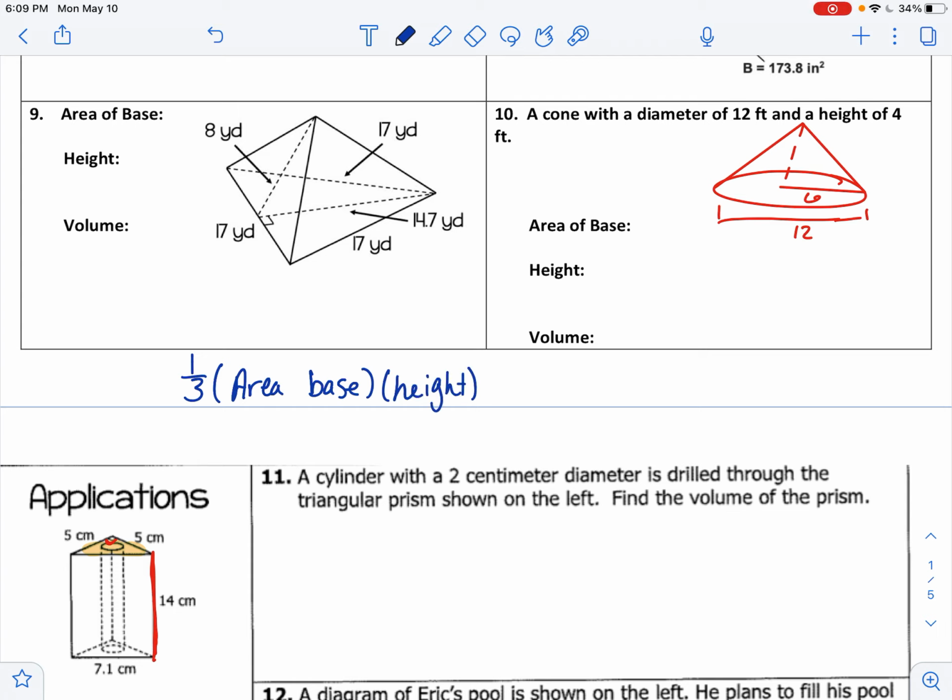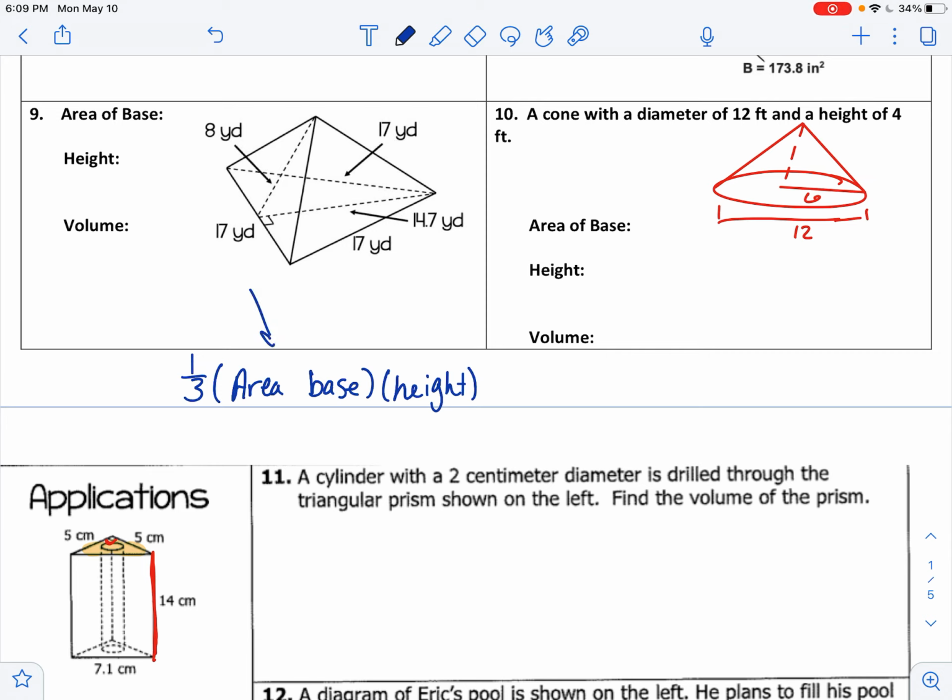Now this is tricky because in a pyramid, a lot of times you'll have a triangular pyramid, where this is also going to have a fraction in it for the triangle area formula. So you've got to be very careful about your fractions and just organize your work as carefully as you possibly can. Let's take a look at a cone first.